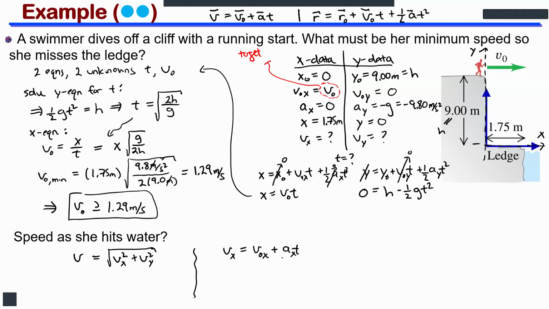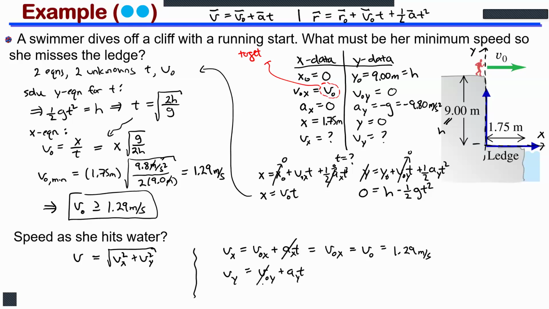And we can kill the acceleration in the x, and we learned that vx is v naught x. In other words, the velocity doesn't change because there's no acceleration in the x. Now v naught x we set up here was v naught, and that was what we found, 1.29 meters per second.